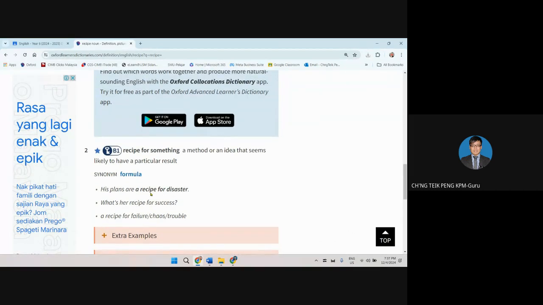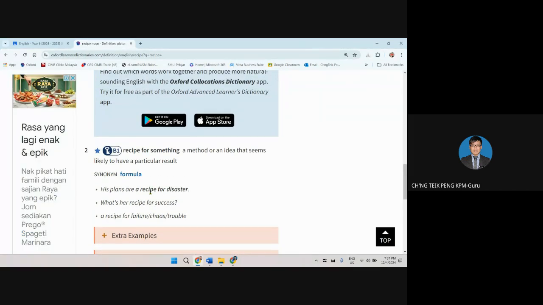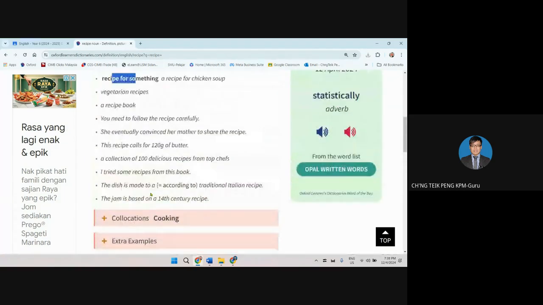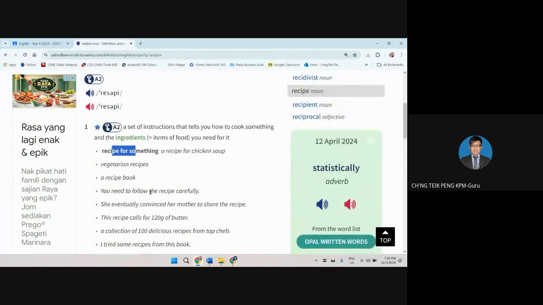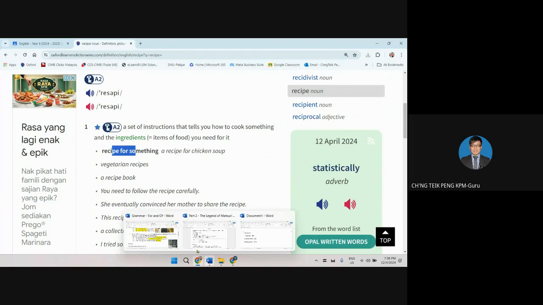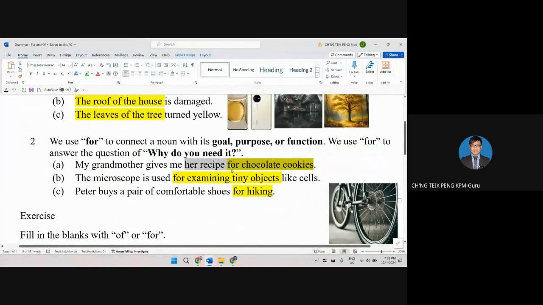So, too bad we cannot say the recipe of. Understand? We only say the recipe for. But of course, I need you to understand why we are using for, because we are talking about goal, purpose, or function. Look at B. The microscope is used... What is a microscope?